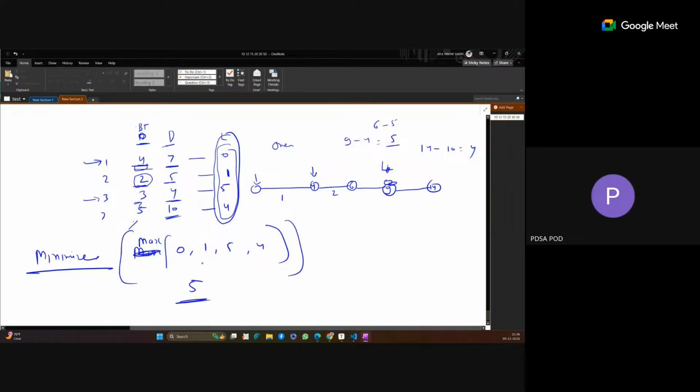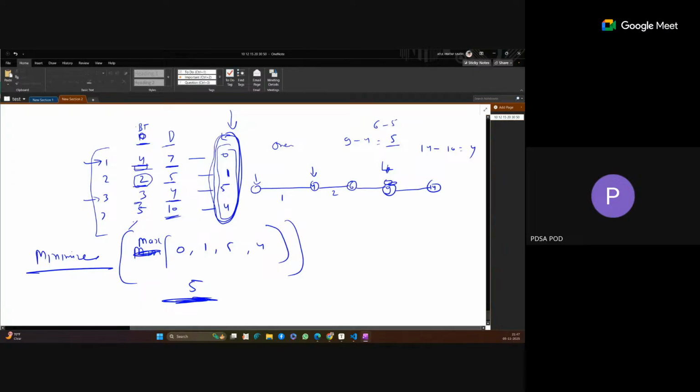But we want to find a good order so that this value can be minimized. We are looking at the maximum value among all the lateness, and that should be minimized overall by a proper good order. That is our goal here.